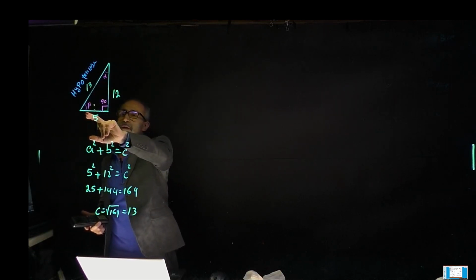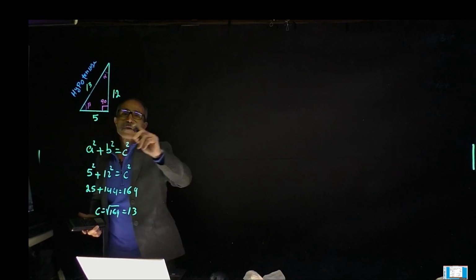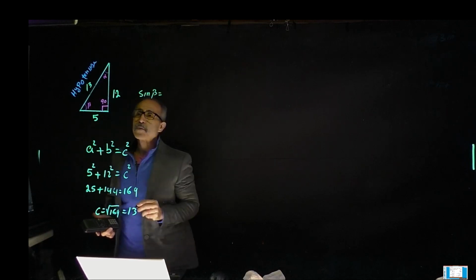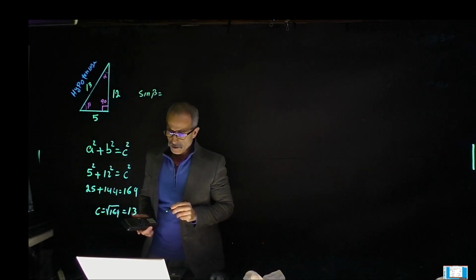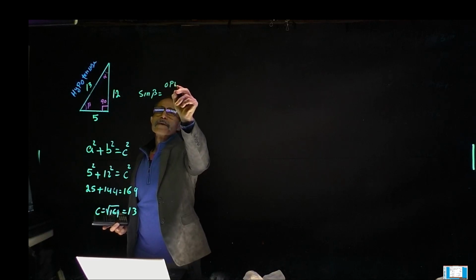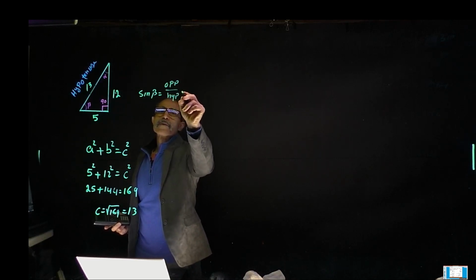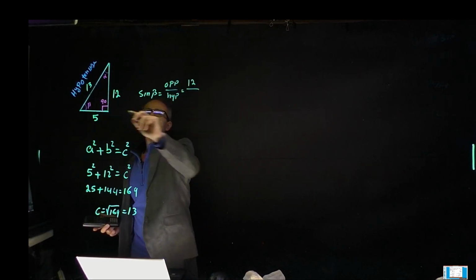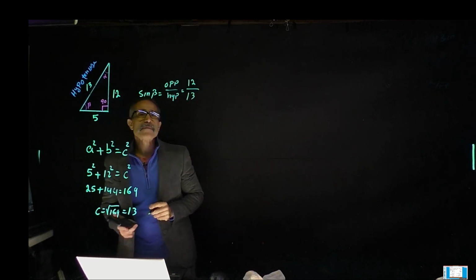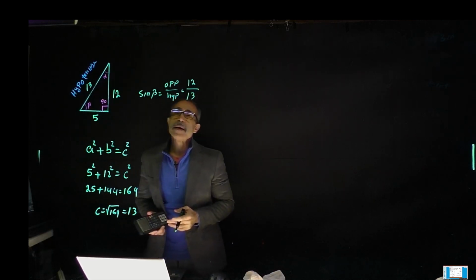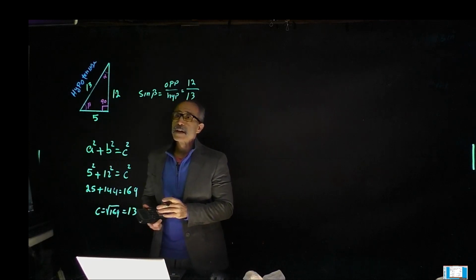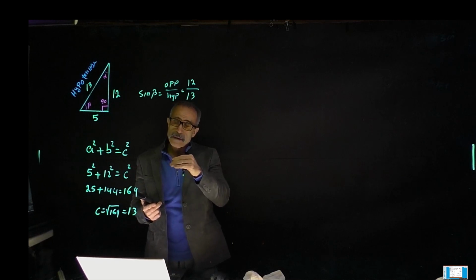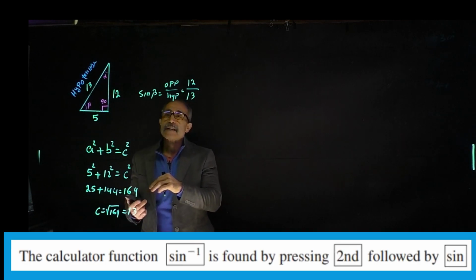I want to find out what this angle is. That's beta. Sine of beta equals opposite divided by hypotenuse, and the opposite is 12, so 12 divided by the hypotenuse, 13. That's sine beta. Now to find beta, on your calculator, just above the sine function, not on the button itself, it says sine inverse.